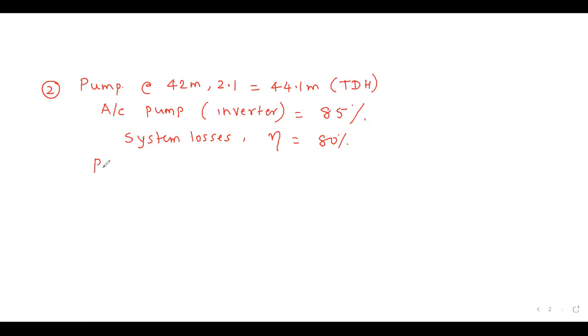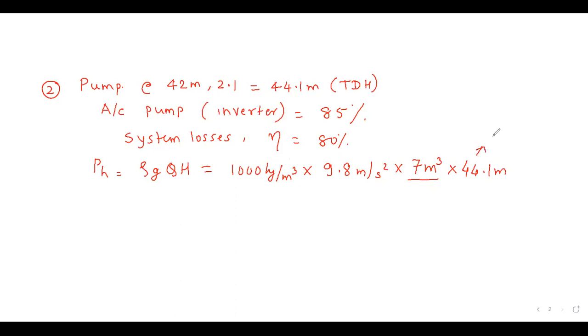We calculated the hydraulic power as rho g Q H, with rho as 1000 kg per meter cube, the acceleration due to gravity as 9.8 meter per second square, and 7 meter cube as the requirement of water, with 44.1 as the total head. This is your Q, not Q dot.